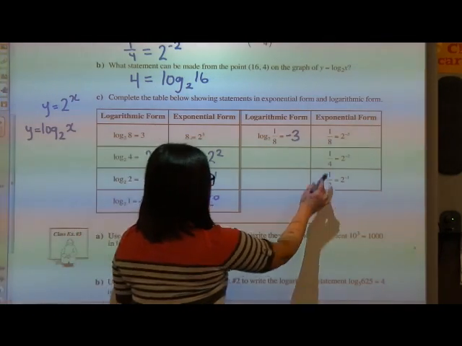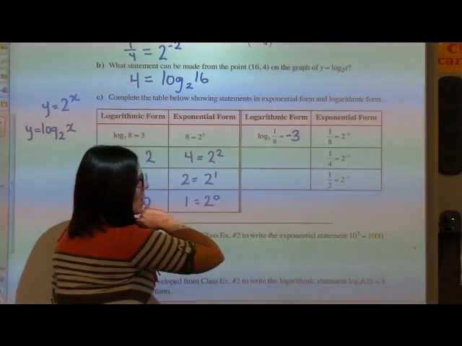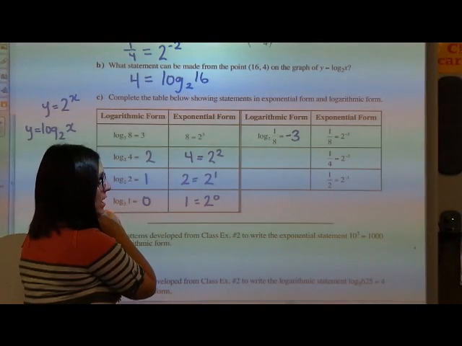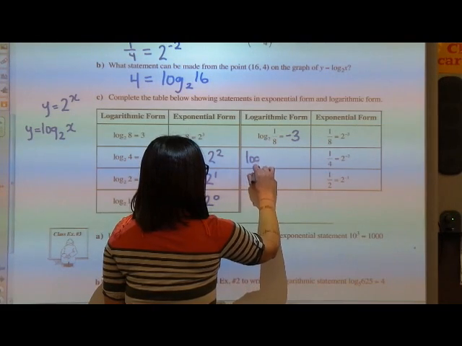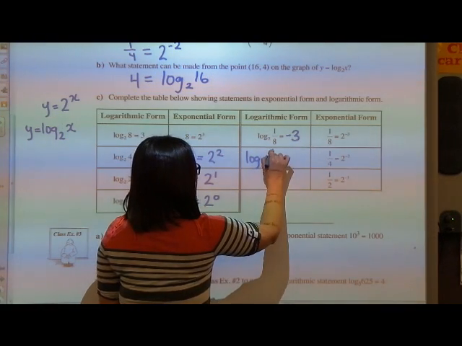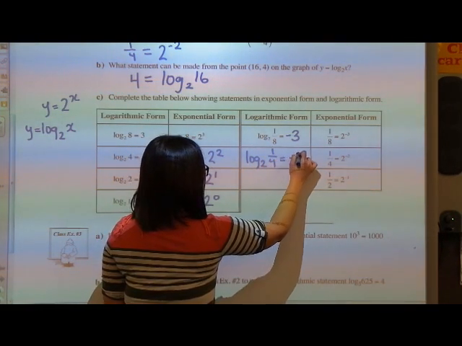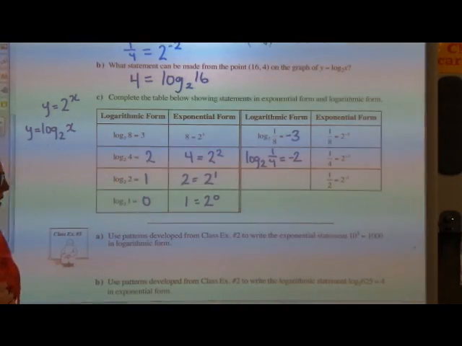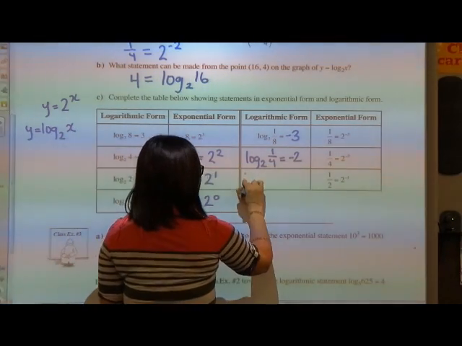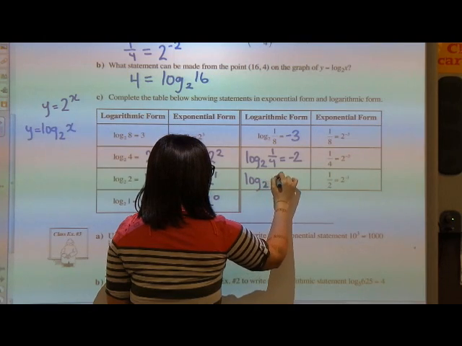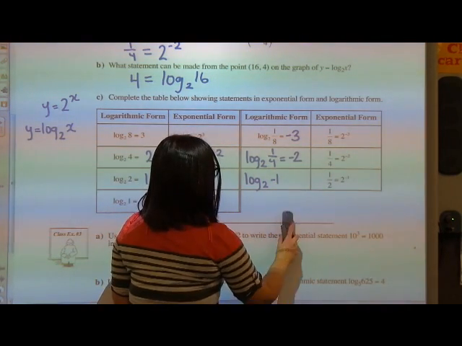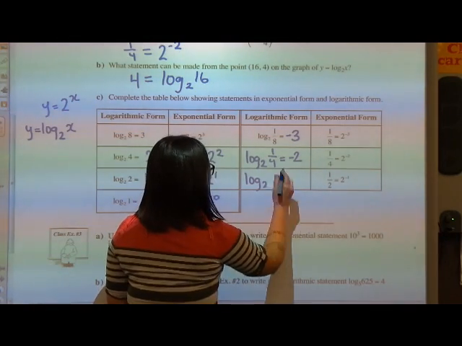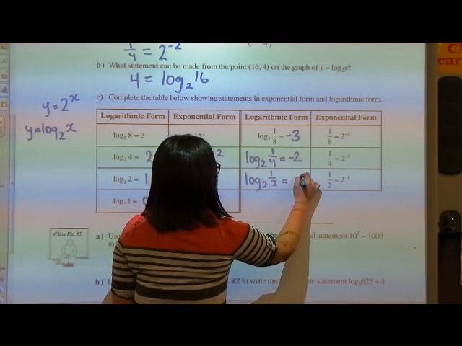Then I have 1/4 equals 2 to the power of -2, which becomes log base 2 of 1/4 equals -2. And the last one would be written as log base 2 of 1/2 equals -1.